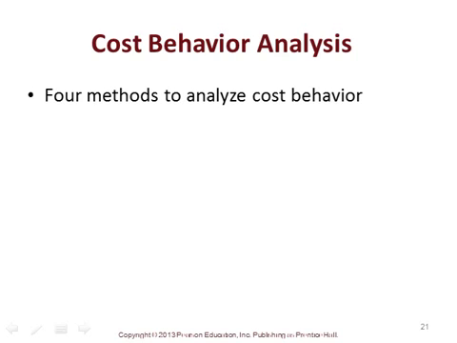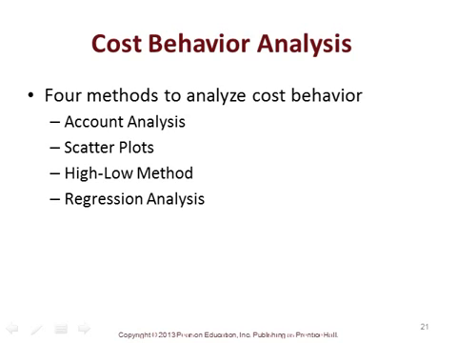So we have 4 methods to analyze cost behavior, and these are listed in order of least accurate to most accurate. We have account analysis, scatter plots, the high-low method, and regression analysis. And regression analysis, we'll talk about a little here, but we're not going to get into it very much. But that's something you would have covered in one of your business statistics classes.